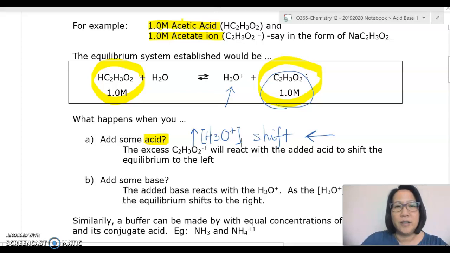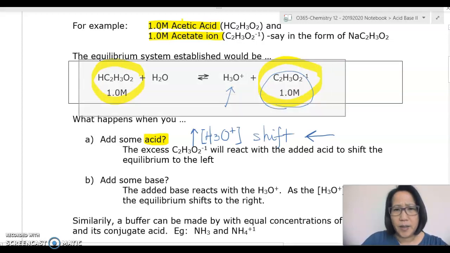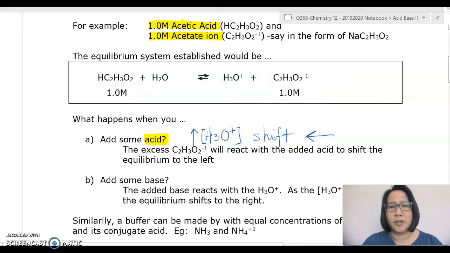And by shifting to the left allows us to bring the concentration of hydronium back down close to where we had been. So the overall effect of adding an acid to this buffer is that the pH will go down only slightly. It's not going to stay at the same exact pH, but just go down in pH ever so slightly, maintaining pretty constant pH.